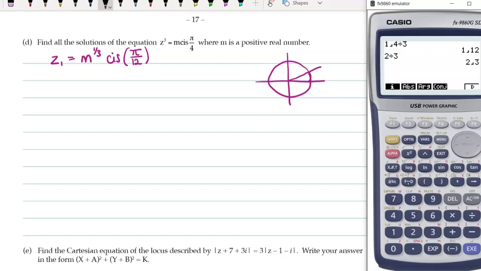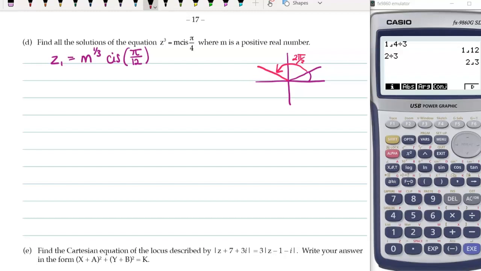So the next solution around would be somewhere over here, where we've added on 2 pi by 3 to make it adding on 1/3 of a circle. So our second solution, the modulus hasn't changed, the length away from the origin, only the angle has. So we'll do pi by 12 plus 2 pi by 3.